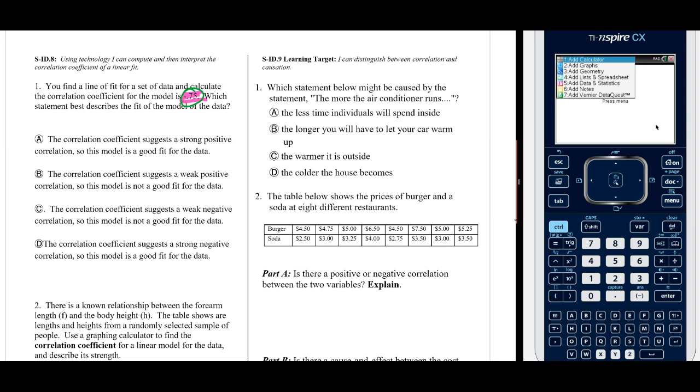So if you're close to 0, whether it's positive or negative, it's a bad fit. If it's close to 1, typically we say about 0.85 or higher, 0.9 or higher makes it strong. So negative 0.75 is a weak negative correlation, which makes it not a good fit. So that's going to be C.